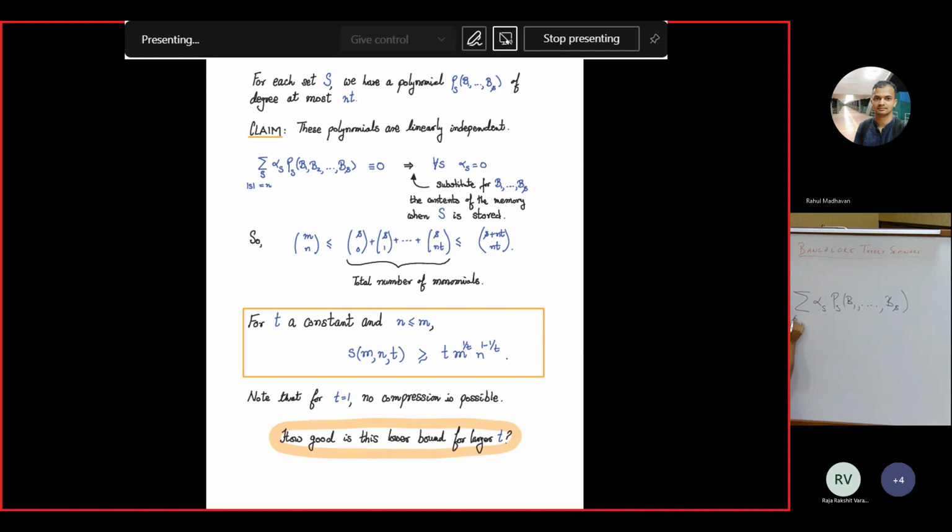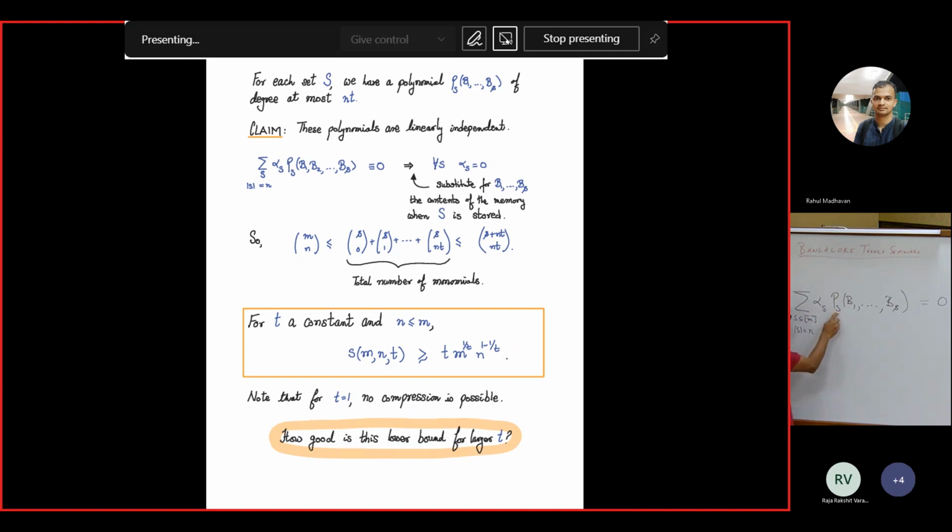These S are sets which are subsets of M, and let's say N size subsets, and we build these polynomials, and suppose this came out to be zero. What we want to show is that each alpha must be zero. That is what it means for some polynomials to be linearly independent. The only way you can get zero is to take the zero linear combination.